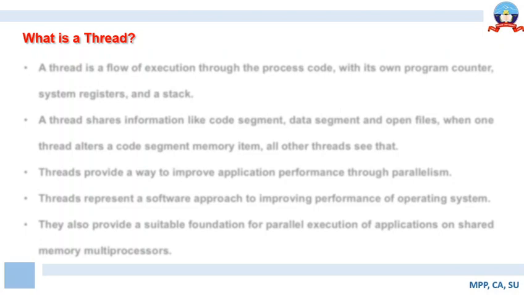A thread, as the name says, is a flow of execution through the program's code. It's one way of executing the process code, wherein every flow of execution will have its own program counter, its own system registers, and a stack.